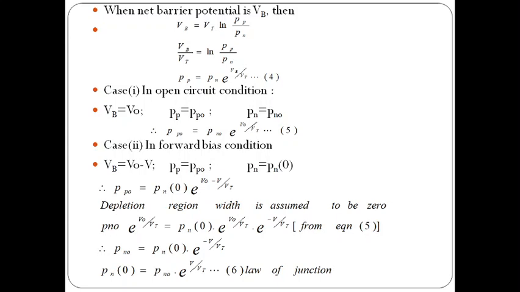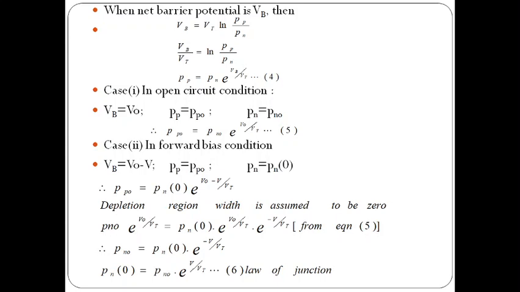This law of the junction implies that the hole concentration in the n region in forward biasing is always greater than the thermally generated hole concentration.